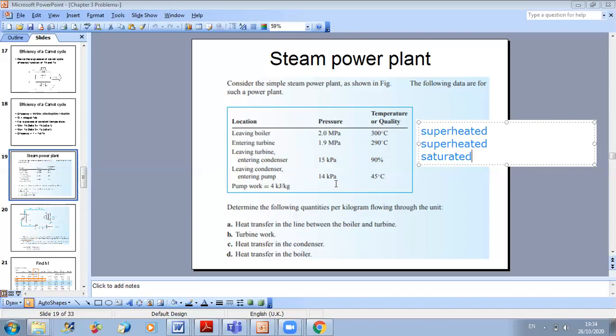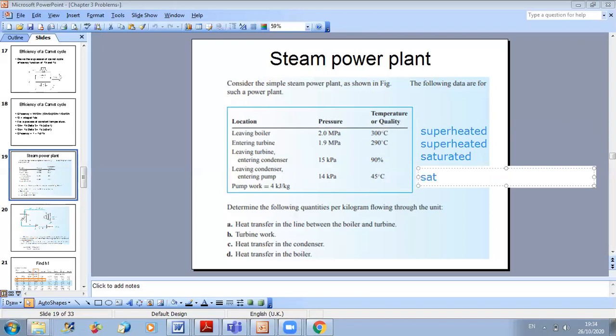In general, the state is saturated liquid, and I can verify this, and we will see together if it is or not. Plus, they gave me another piece of information: the pump work. This information can help me find an unknown enthalpy, so it's an important piece of information that can be used in the problem.